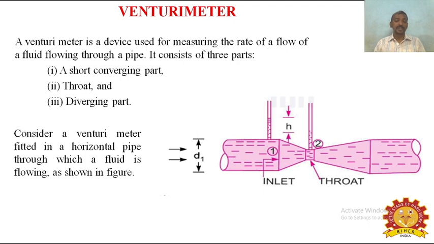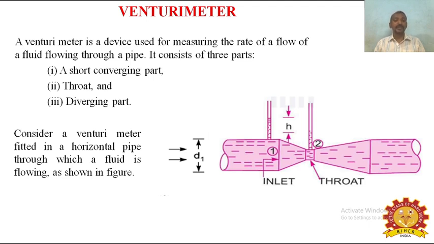H means the difference of pressure head of the liquid, measured on the U-tube manometer. In the manometer, the high density fluid is available, while the light density fluid flows in the pipe, and the light fluid is on the inverted U-tube manometer.